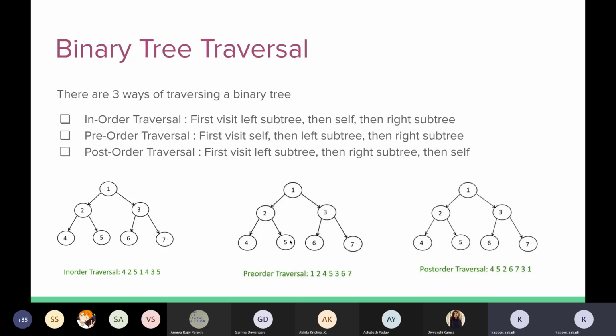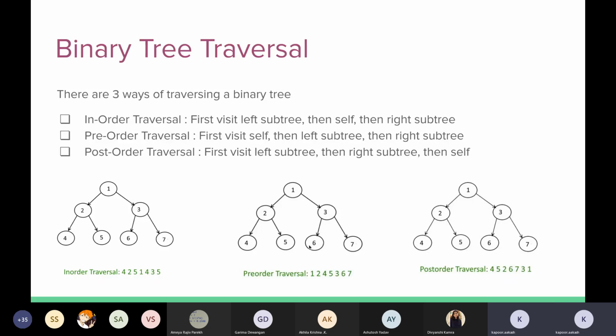Prints the self, so it's 5. Goes to left, nothing in the left. Goes to right, nothing in the right. Now it goes one step up, 2 is completed, now it goes to 1, the self of 1 is completed, the left of 1 is completed, so it goes to right of 1, it goes to 3, prints 3, self of 3 is completed, next it goes to left of 3, so left of 3 is 6.